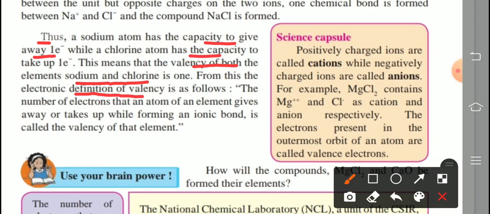So you mark the answer. Your answer starts from here. The number of electrons that an atom of an element gives away or takes up while forming an ionic bond is called the valency of that element. This is the electronic definition of valency. So you mark the definition properly.